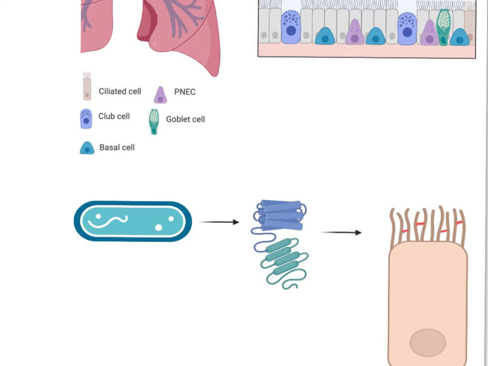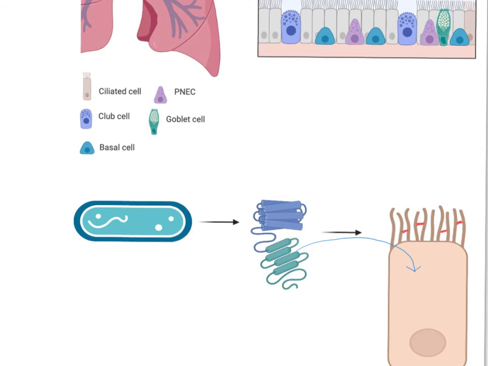Then, once those cilia are stuck, the second part of the toxin will enter the cells and cause those cells to produce additional mucus. So now this cell is producing additional mucus, but it can't use its cilia as normal to help clear that mucus.